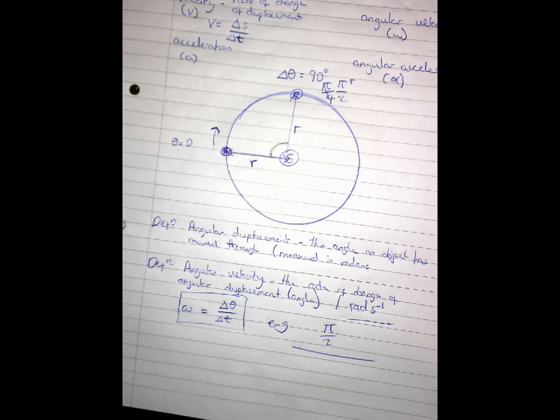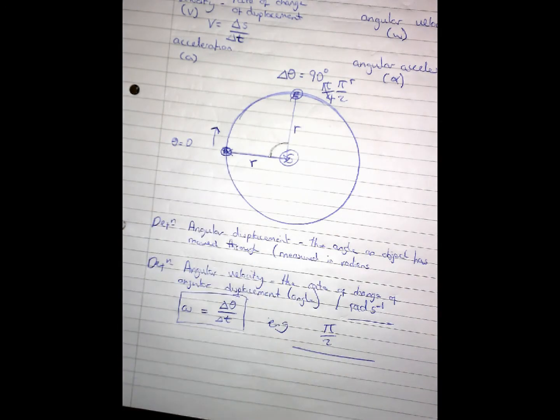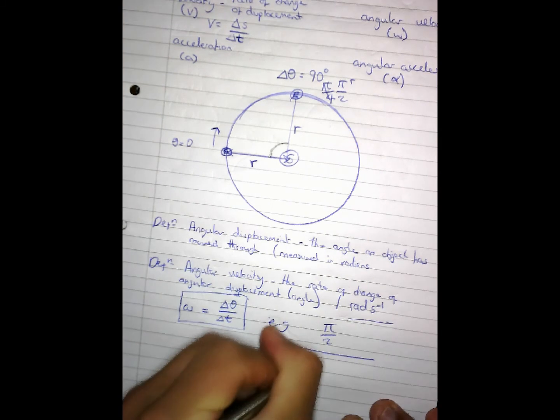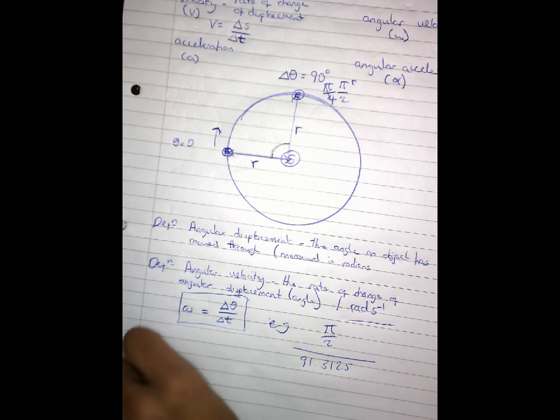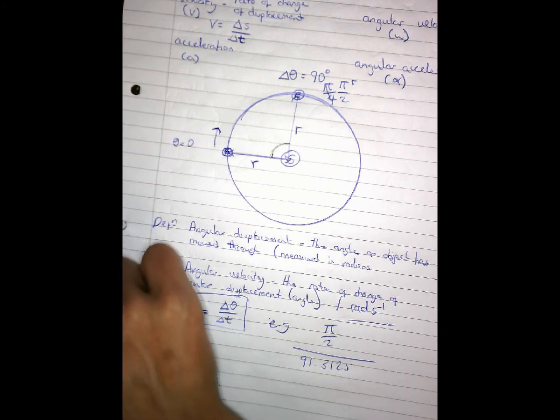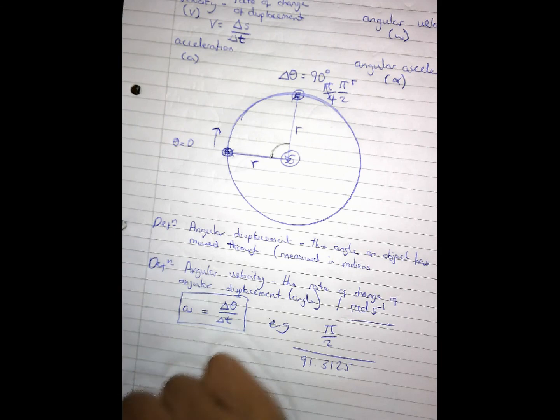We've said that it takes the Earth 365 and a quarter days to do the whole orbit, so we're dividing that by 4. To do a quarter of the orbit, that is going to be divided by 91.3125.